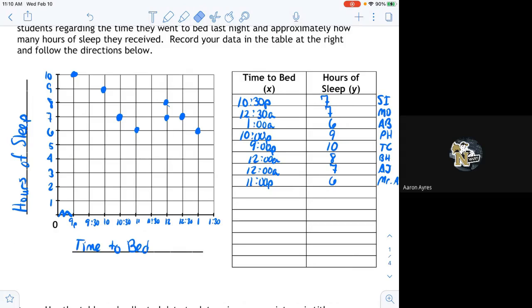Okay. Adam, were you able to make any conclusions about the correlation of your data? Okay. So, can you explain that for me, please? What do you mean by that?